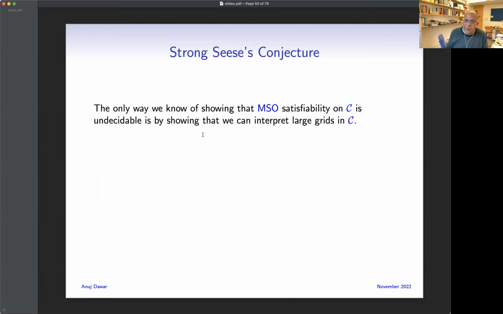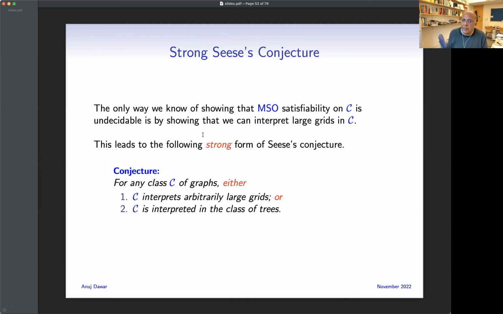And so a stronger form of the conjecture is really that those are the only two possibilities. For any class of graphs, either it interprets arbitrarily large grids, or it is itself interpreted in the class of trees.